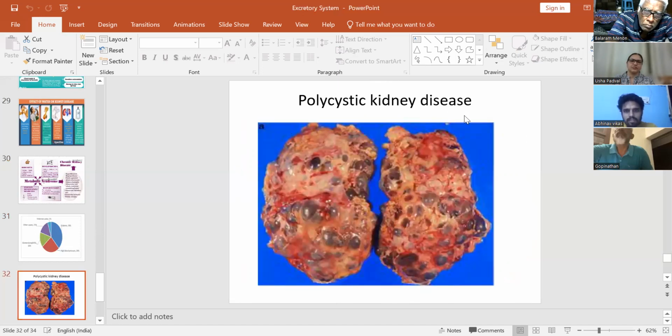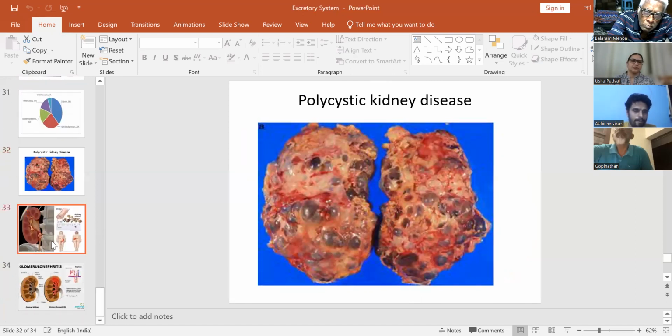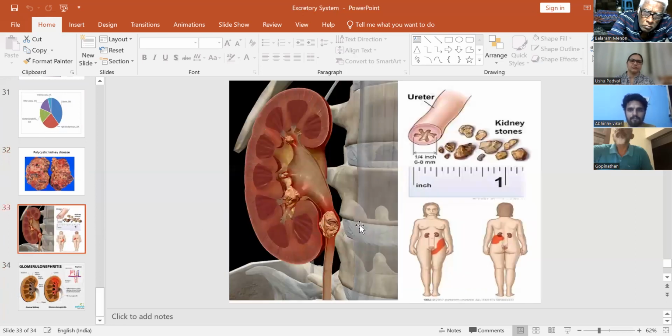Polycystic kidney disease. See here, how are the kidneys? These are the kidney stones. What happens if one stone occurs here, then the whole passage will be affected.